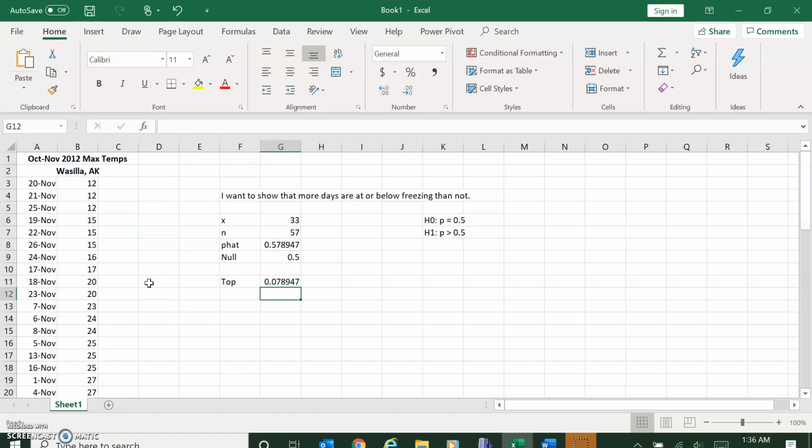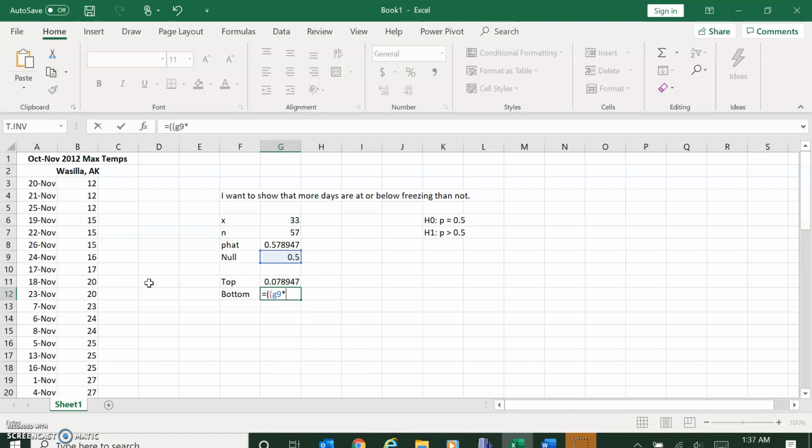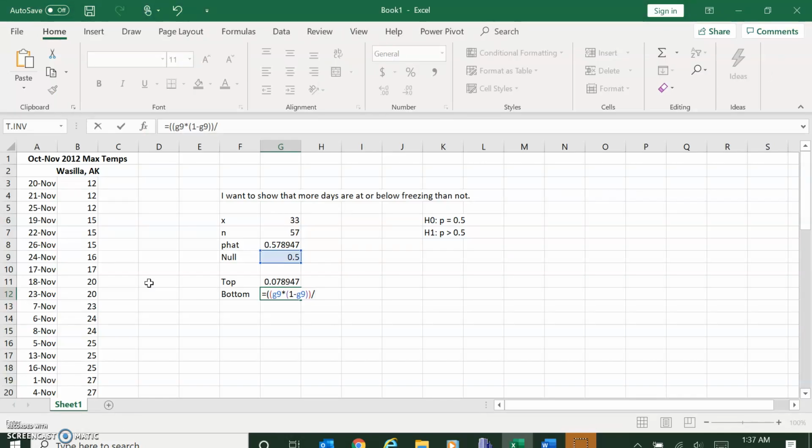This way, if you want to change stuff and play with stuff, you can do that. And then my bottom is going to be G9 times 1 minus G9. And then I'm going to divide by G7.